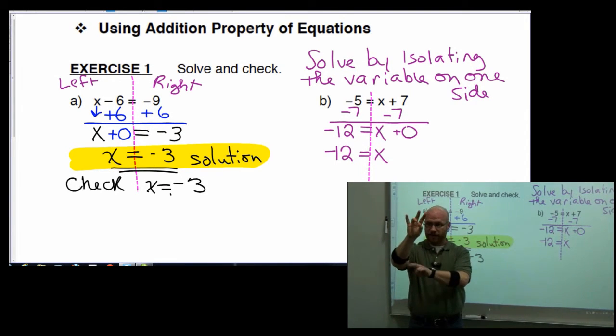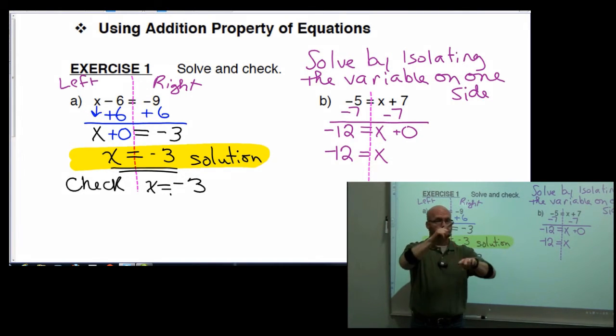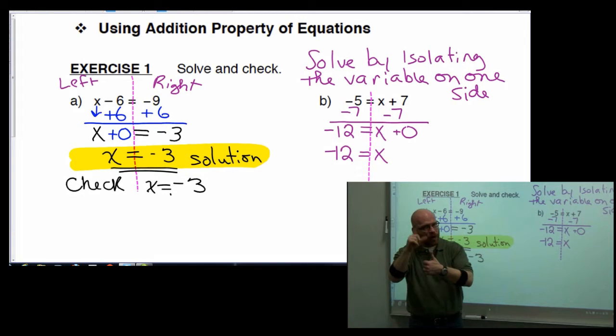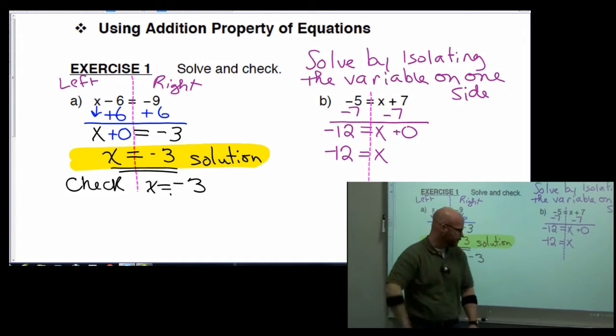Five subtract 7, negative 5. Later, when you have variables in different places, remember you have to only combine like terms.